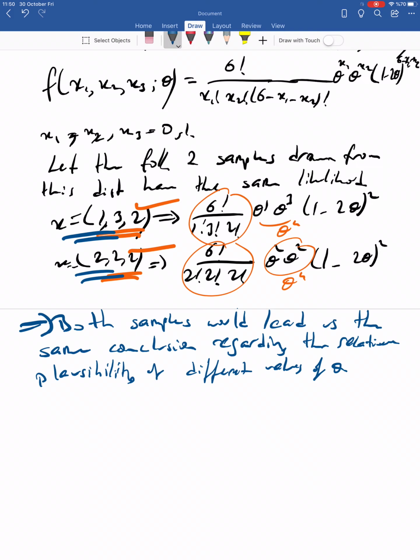So different samples will not affect my conclusion. If I use this sample and compare theta equals 0.5 or 0.3, I can calculate the likelihoods and see which one is bigger, and do the same thing for this sample, and I will get exactly the same result. In this comparison, theta equal to 0.5 is much more plausible than 0.3. So getting different sample points will not affect my conclusion regarding theta.